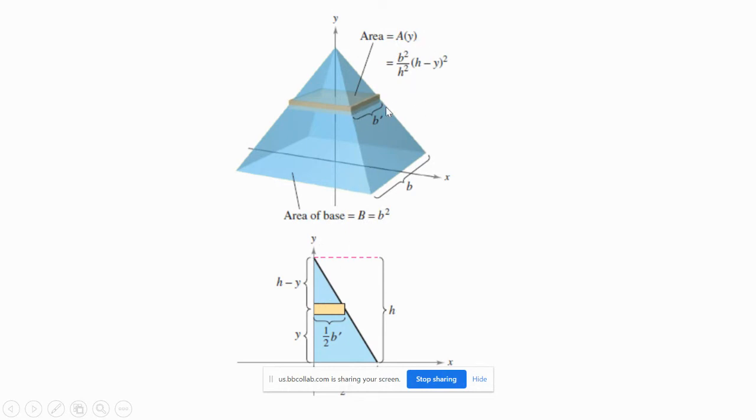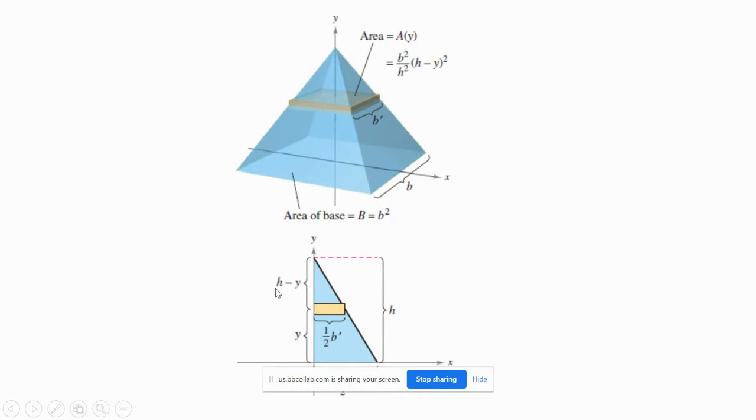But now what happens as you go up? As you go up, there are triangles here, and the triangles look like this. If we start down here at y equals 0 and go up to a point that we call y, then this is y.